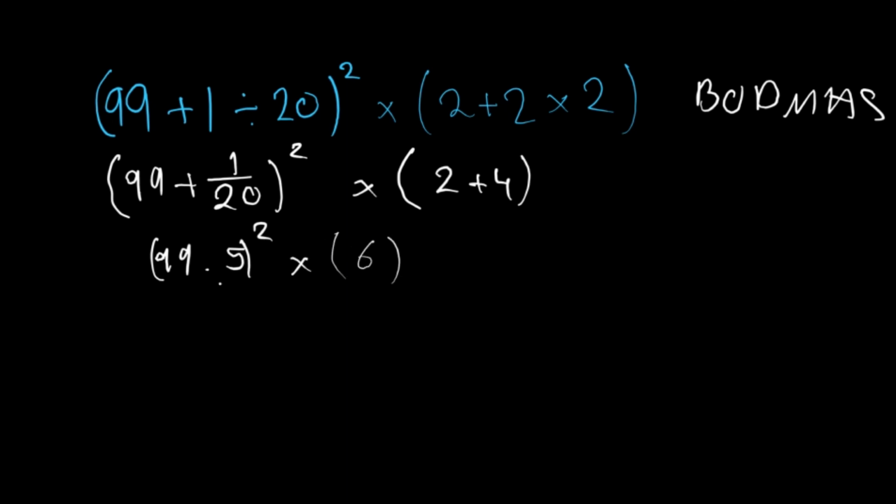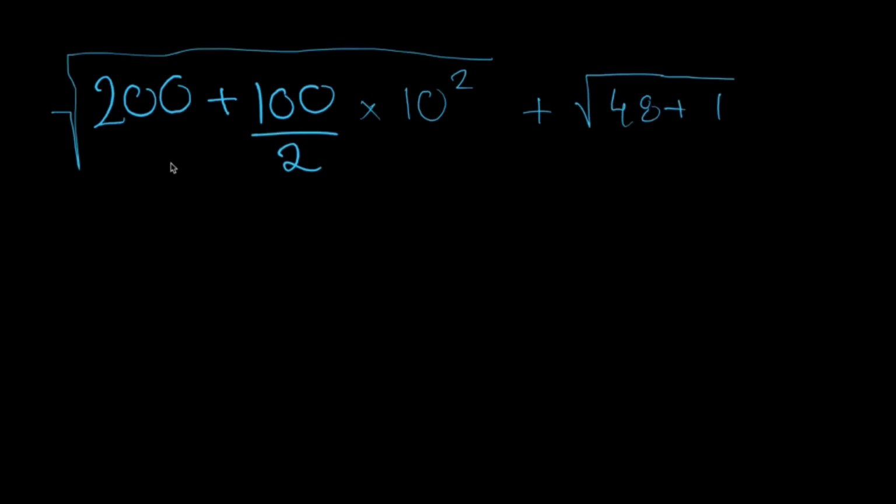So 99.5 times 99.5 is 9,900.25. Then you times 6, and that's your answer: 59,401.5. Try to work this out on your own.